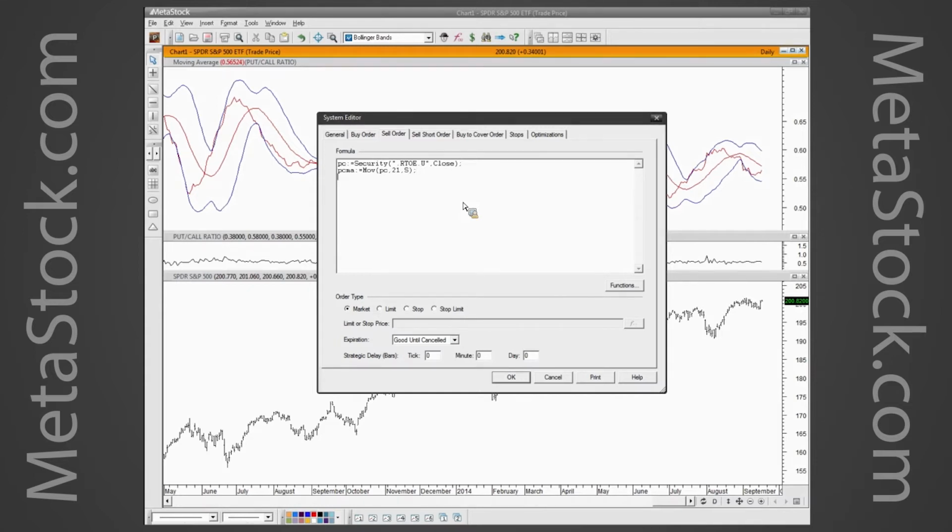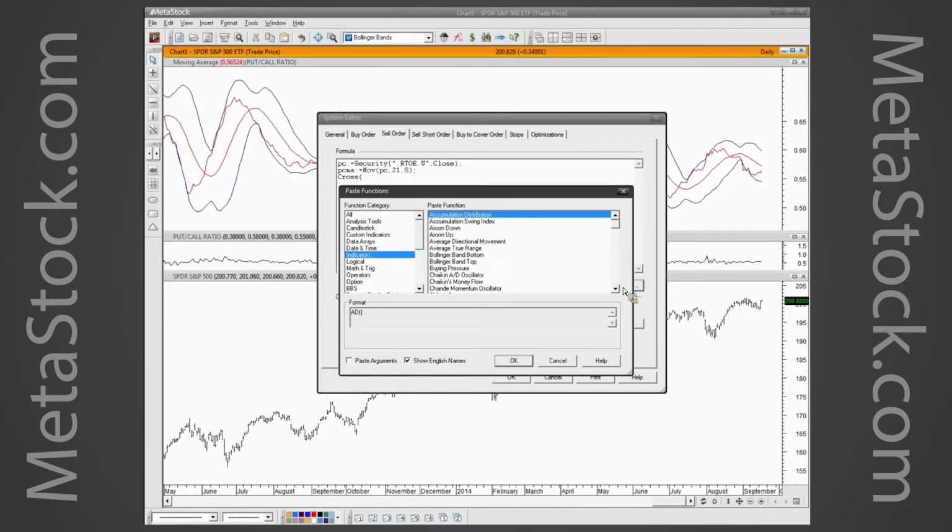Then we're doing a similar thing for our cross function, only we're going to look for the crossing of the put-call ratio moving average above the bottom Bollinger Band.